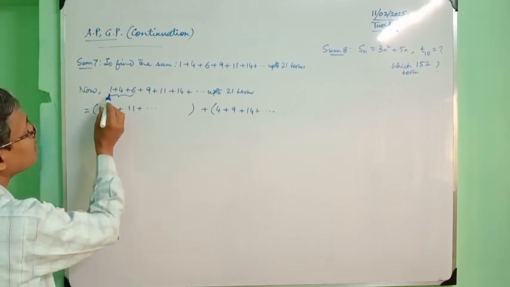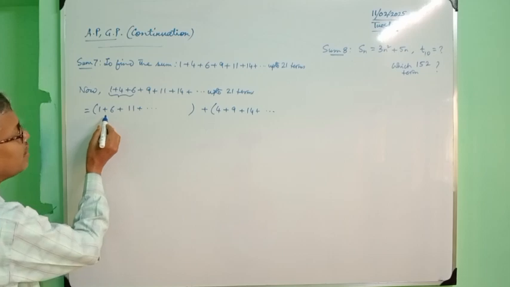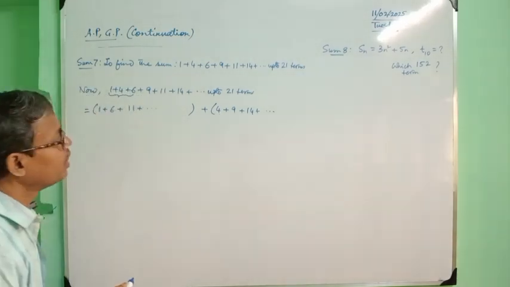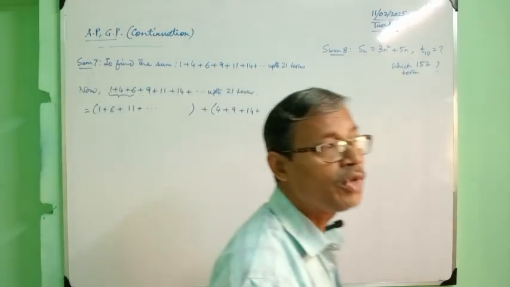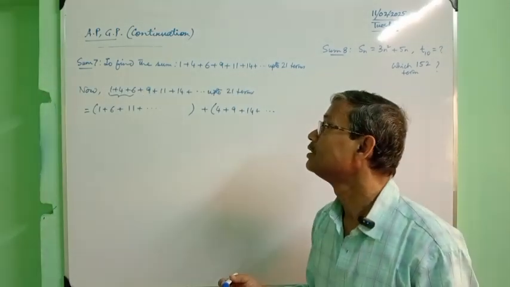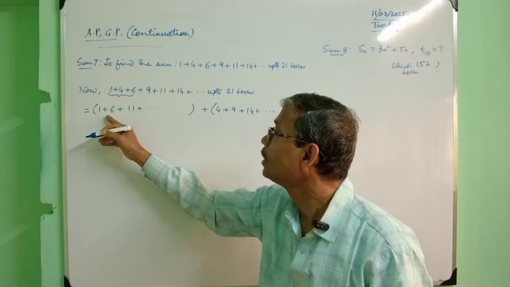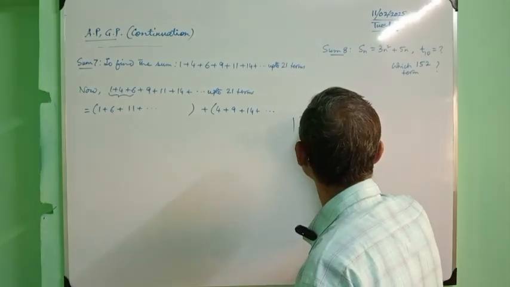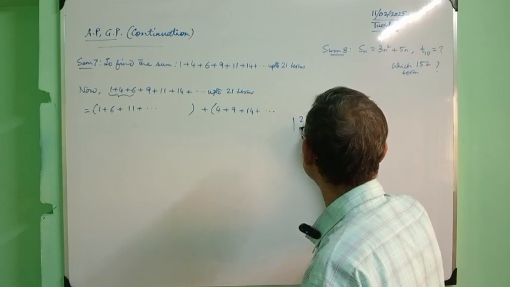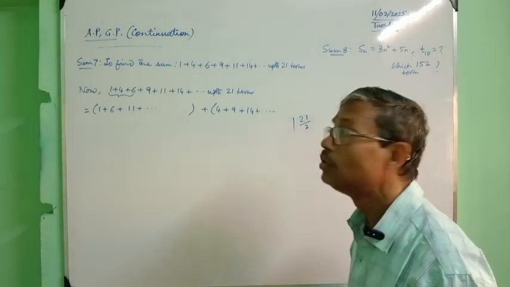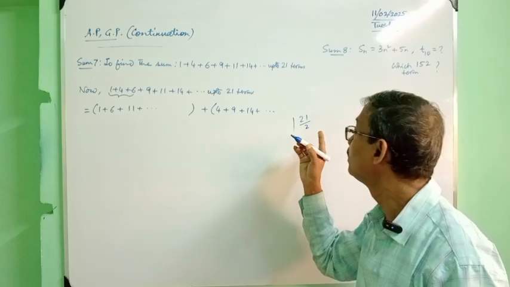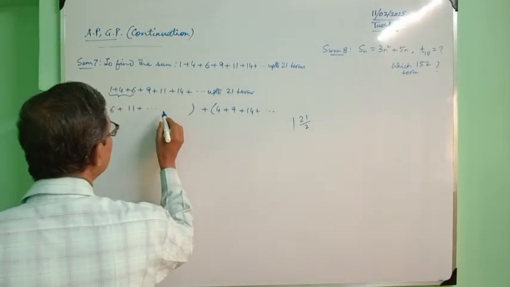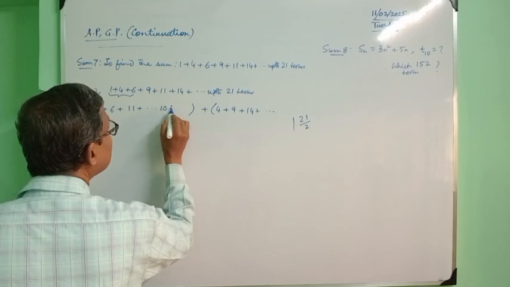What we see, the first and third are in the first group and the second in the second group. Therefore, the second group will be one less than the number of terms in the first group. Then on the rough, 21, if we divide that by 2, then 10 plus half. That means in the first group there will be 11 terms.